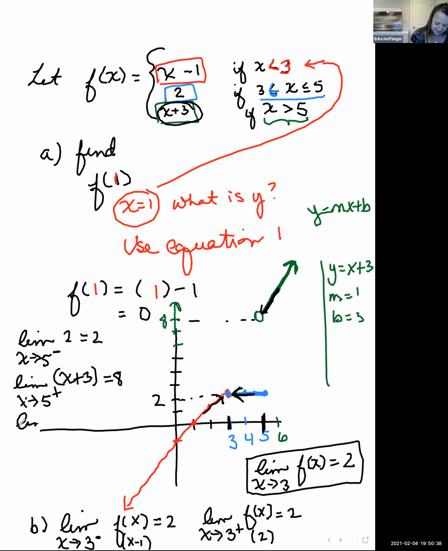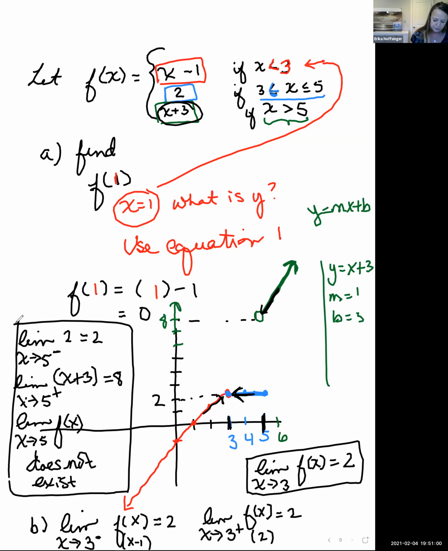So the limit as x approaches 5 of f of x does not exist. And again, it's because the left and the right-hand side limits are not the same.